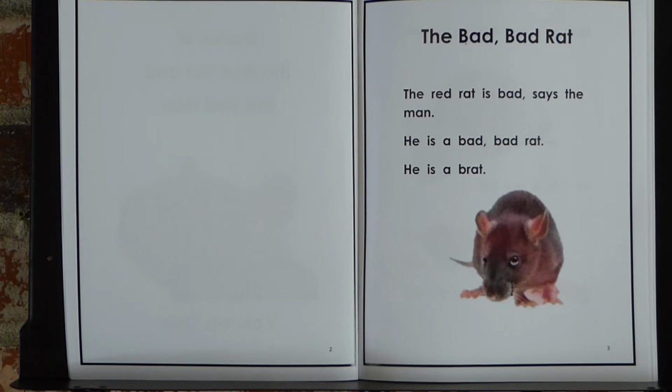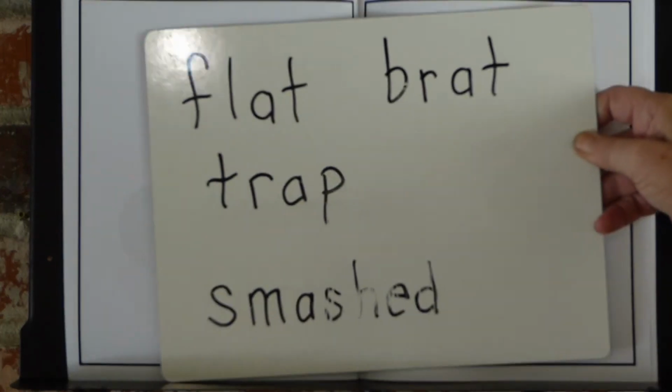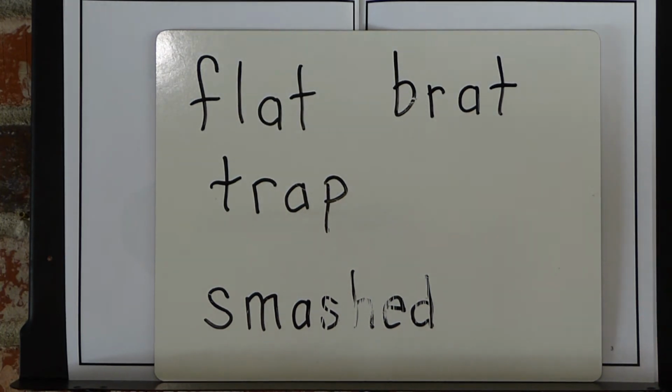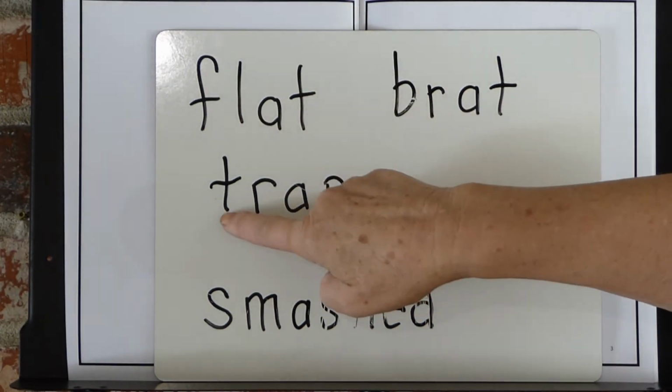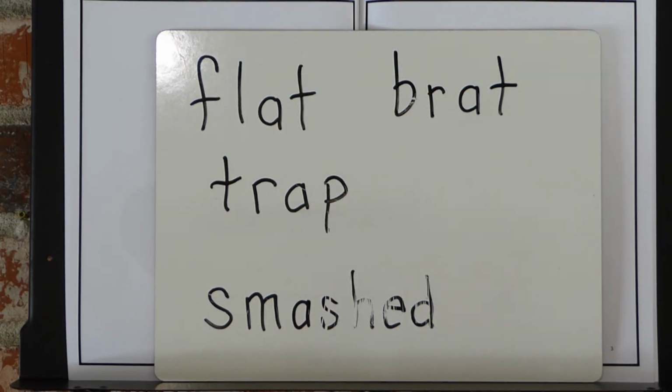The next thing you want to talk about before your student reads the story are these words: flat, brat, trap, and smash, which are introduced in this story. At this point, you're going to want to talk about blends, consonant blends, which is FL, BR, and TR, when 2 consonants are stuck together.